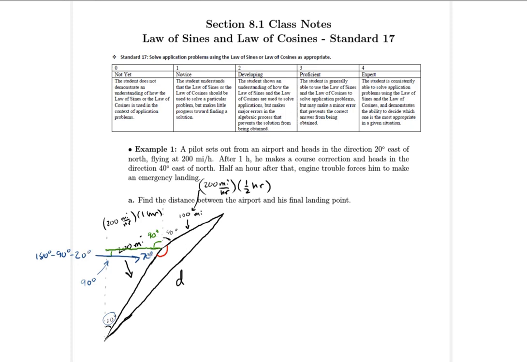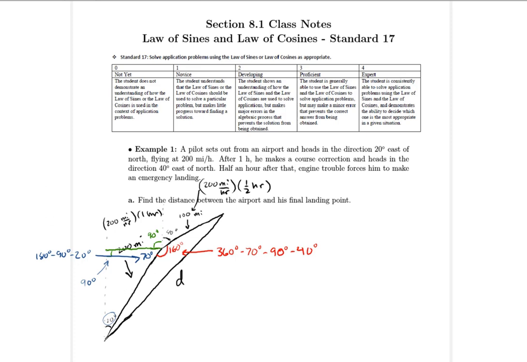Okay, but then if that's 70, we know that all the way around here is 360 degrees. So I actually know that this is 160 degrees. How do I know that? Because it's got to be the total 360 minus all those other angles that you see, which gives me 160 degrees. So that's great. We know this angle. We know these two sides.